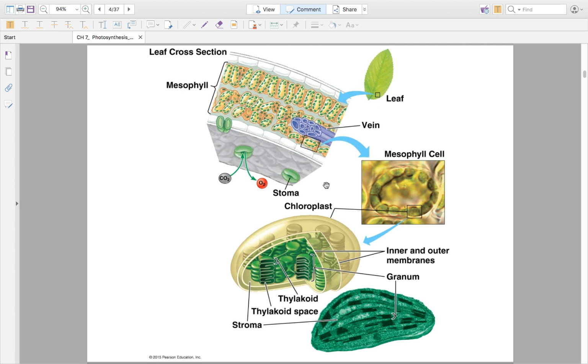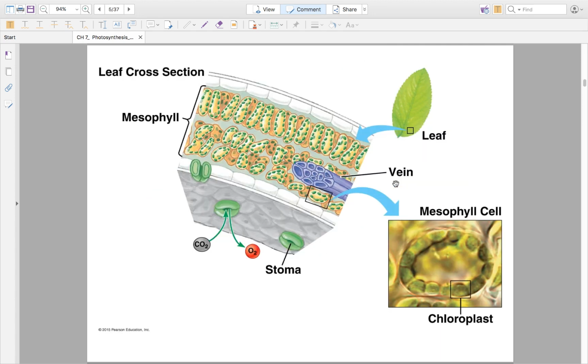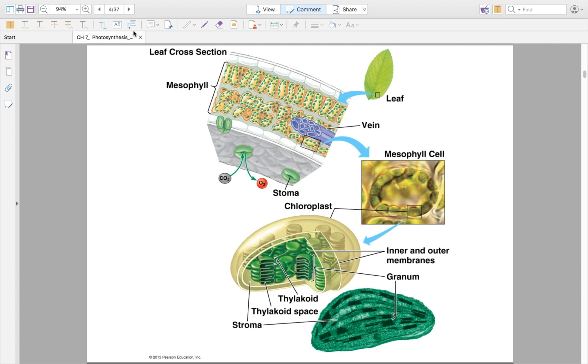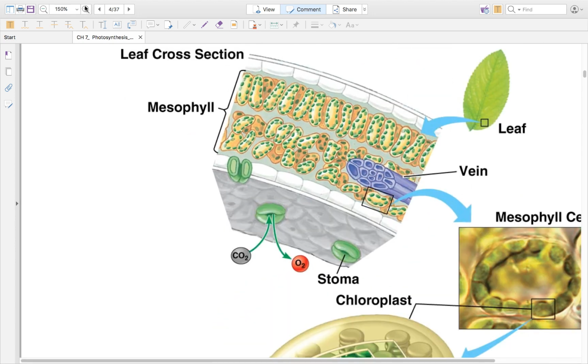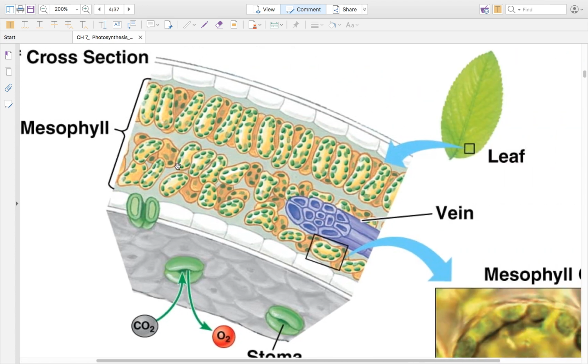All right, so we're here to learn photosynthesis, and to start everything off, we have to learn the anatomy of a leaf. So let's zoom in on the leaf. Okay, every time you see a picture, it's important to understand what you're looking at.